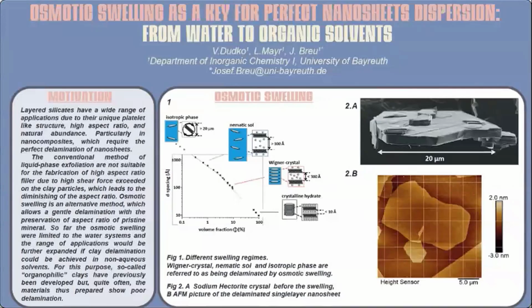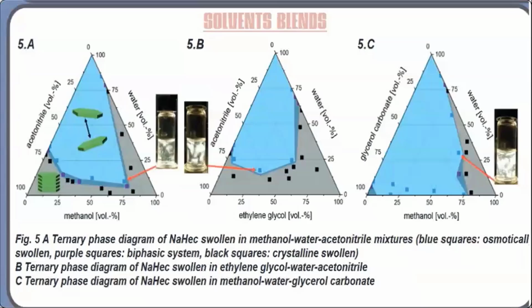But the osmotic swelling was previously limited only to water-based systems, which limits us from using a lot of polymers, including hydrophobic ones, and we had to go to solvent systems.